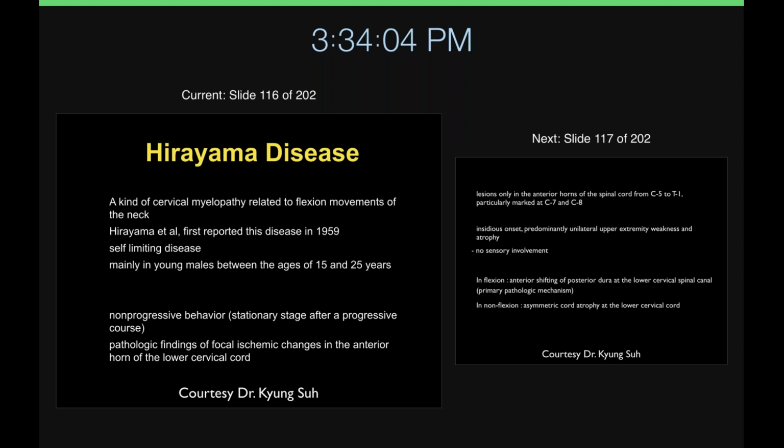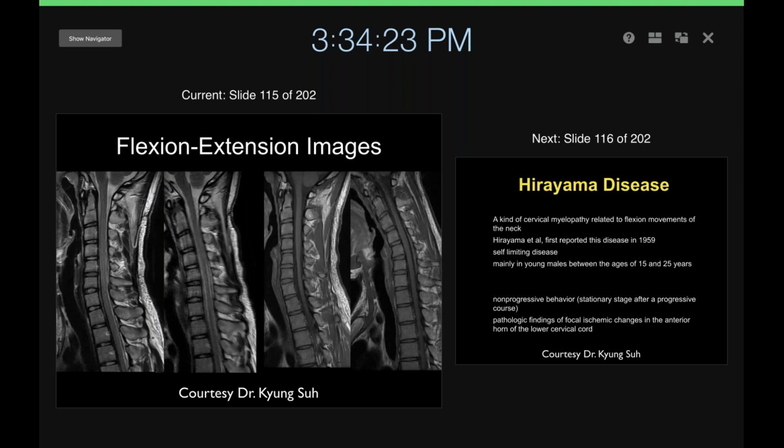Okay. It's cervical myelopathy, and it's related to hyperflexion of the neck. It tends to be seen in kids, and it can occur after going on roller coaster rides and so forth. And it's believed to be due to repetitive trauma to the cord.